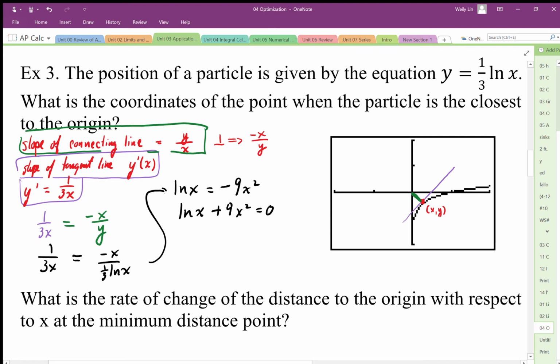Again, this is an equation I cannot solve algebraically, but once I have the equation, I can just graph it and find the solution by graphing. So I'm going to graph log x plus 9x squared, and we want to know where that graph crosses the x-axis. It's probably going to be somewhere near 0.